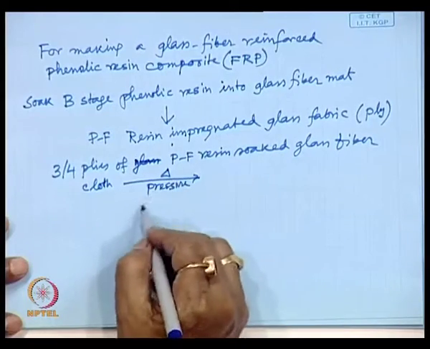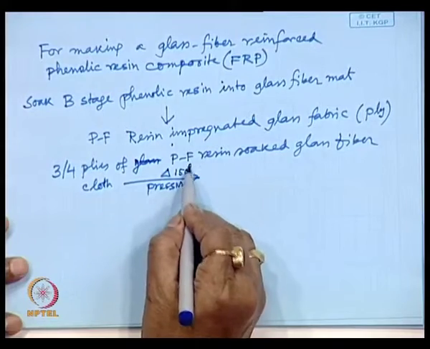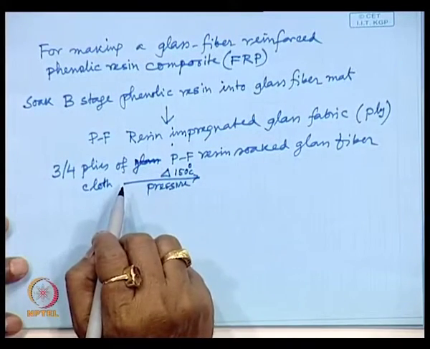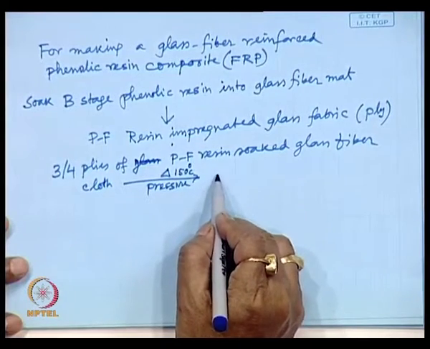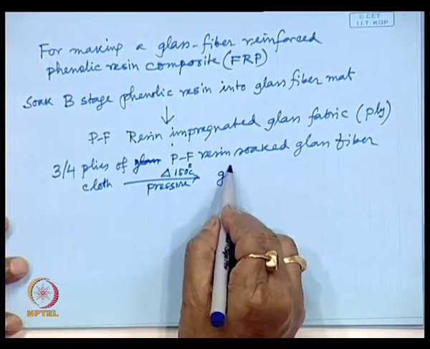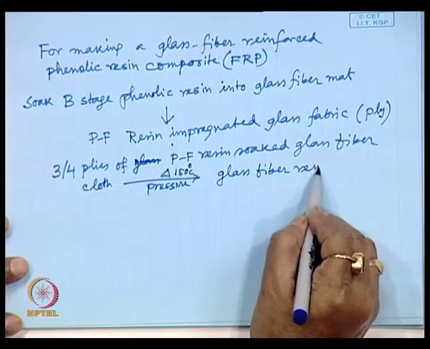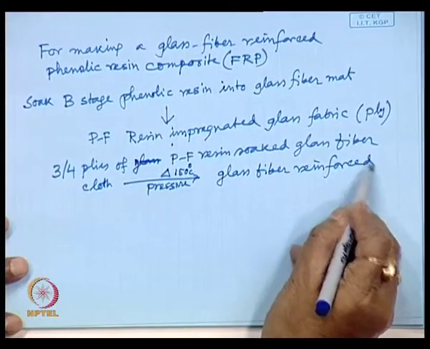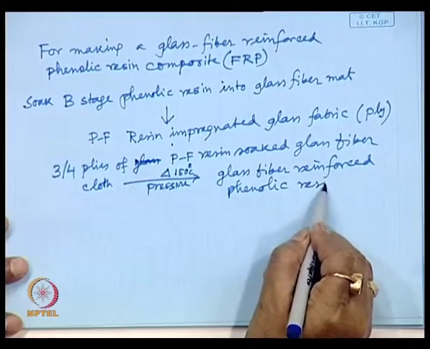It means the temperature should be say around 150 degrees Celsius. You will get a glass fiber reinforced phenolic resin composite.